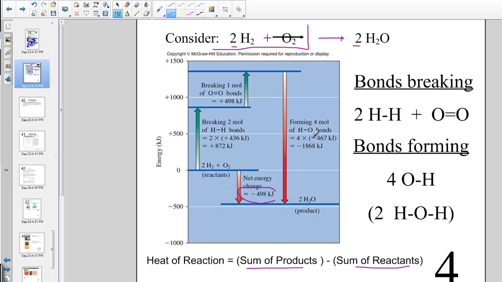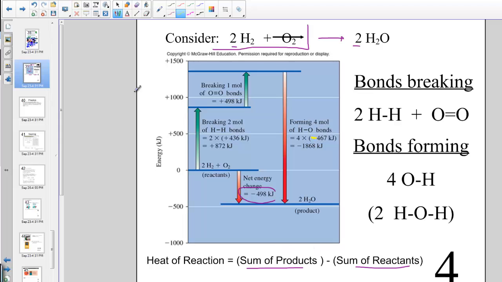Notice what they've done here, and this is worth highlighting. Notice that these are all positive signs, because we are breaking bonds. But notice how they made this a negative, because we're forming bonds.